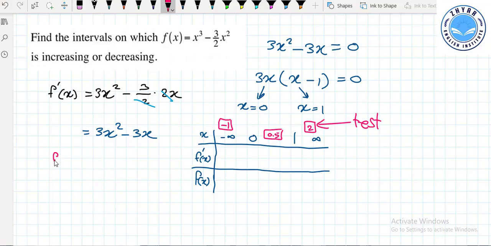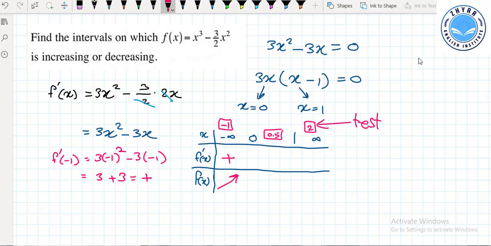Now, f prime of negative 1 is 3 times negative 1 squared minus 3 times negative 1. This is 3, and this is also 3. The result is positive 6. I don't need the 6, I need only the sign. So here is positive. That means the function in this interval is increasing.